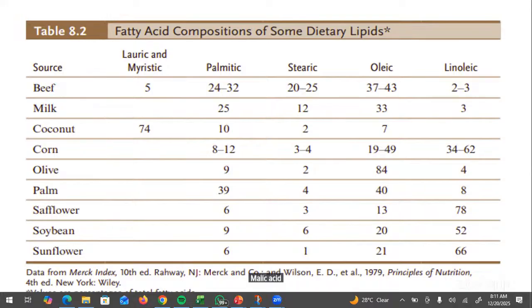Now, even palm, you can see that palm oil has more of palmitic acid. We have the safflower, which is 78% linoleic acid.